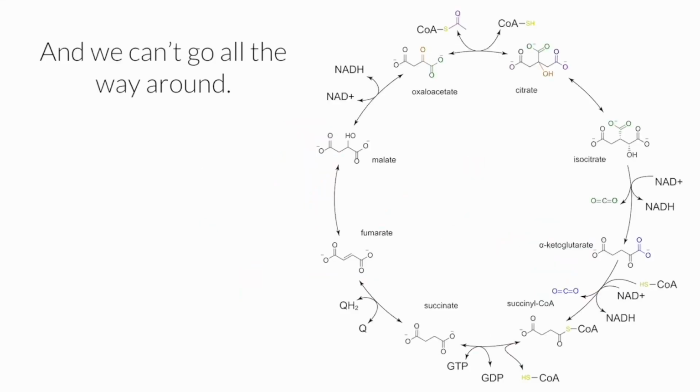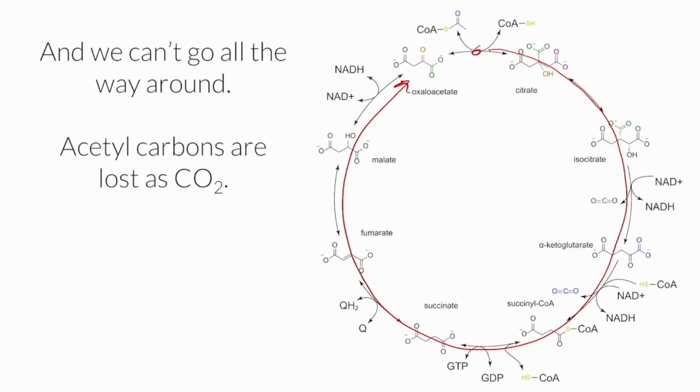Okay, well, maybe what that suggests is we should go all the way around. Instead of going in this direction, we should go in this direction all the way around, get back to oxaloacetate. That makes sense, right? But there's a problem. That problem is both of the carbons from acetyl-CoA are lost as carbon dioxide.